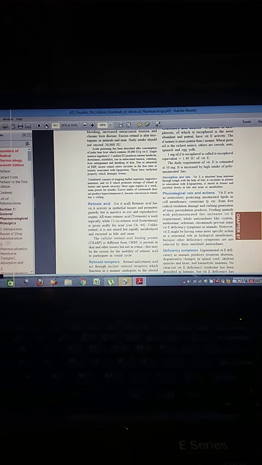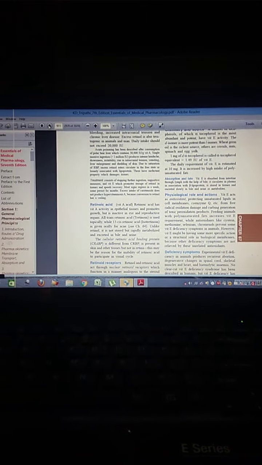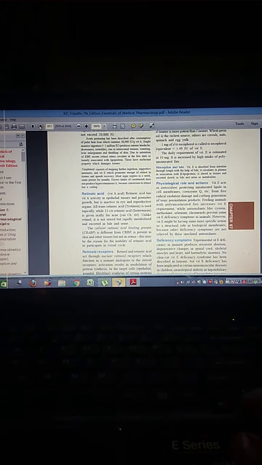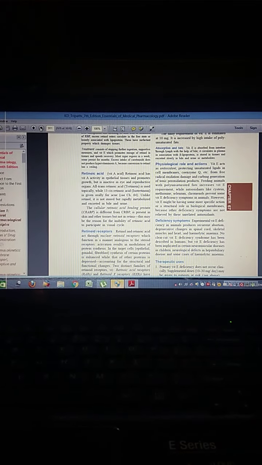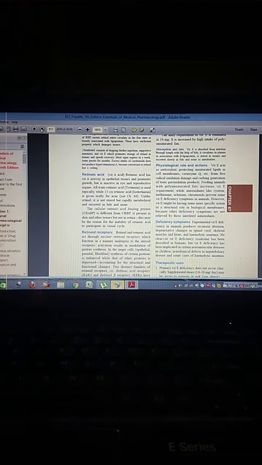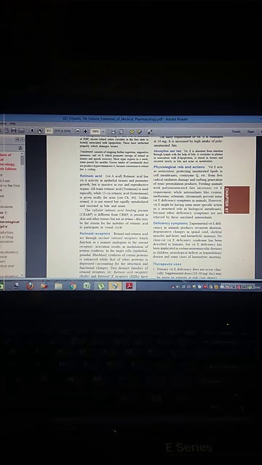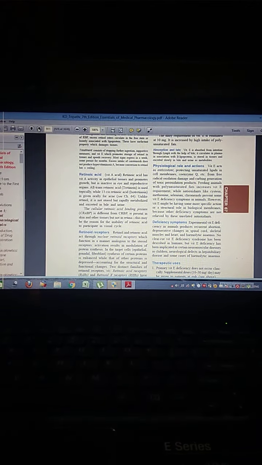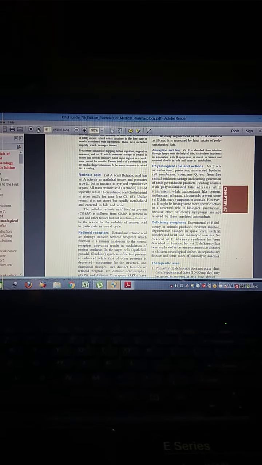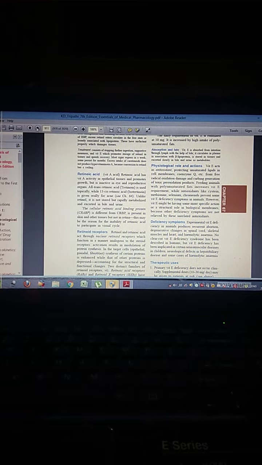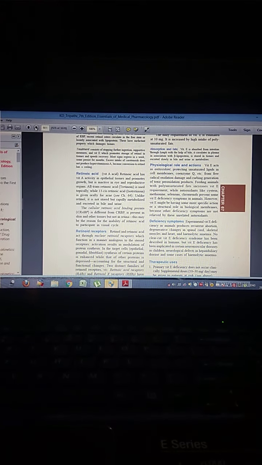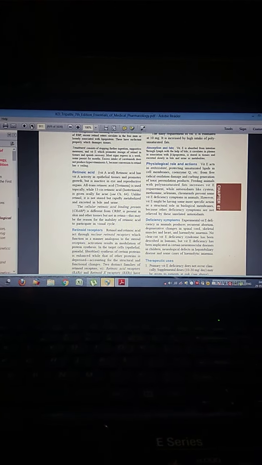All-trans retinoic acid, retinol and retinoic acid act through nuclear receptors, which function in a manner analogous to steroid receptors. Activation results in modulation of protein synthesis.